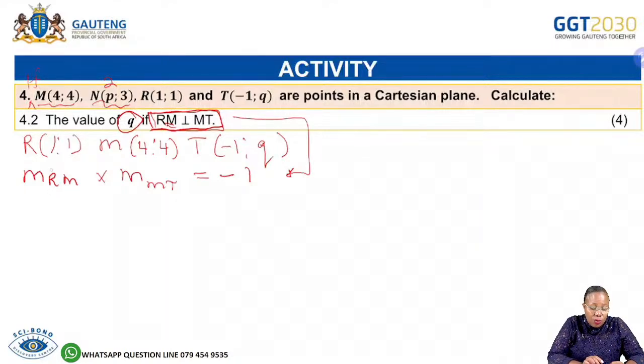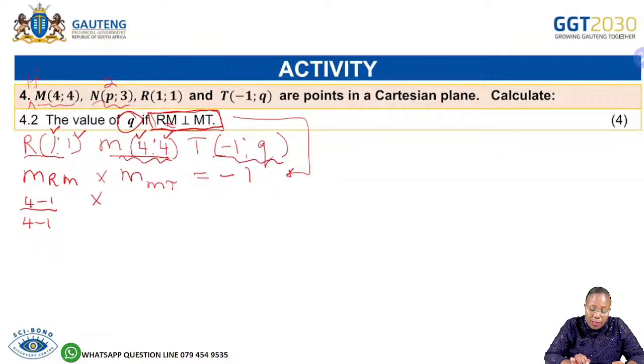And then now let's look at the gradient of RM. For RM, we are referring to R and M here. That will be y2 minus y1, so that is y2, 4, minus 1, over x2, 4, minus 1 again. And then multiply by the gradient of MT. For MT, we are referring to M and T there.